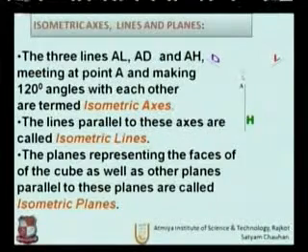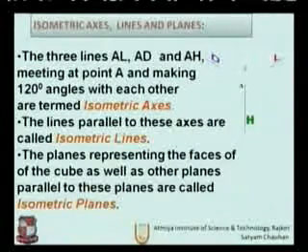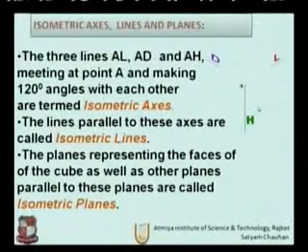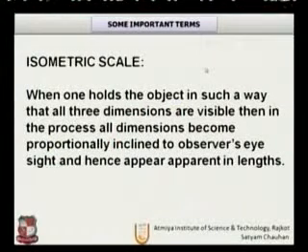The faces mean DAL, face 1, will be the top view; DAH will be the side view; and this plane will be the front view. All the planes are perpendicular to each other and are called isometric planes. Now some important terms. Let us first understand what the isometric scale is.